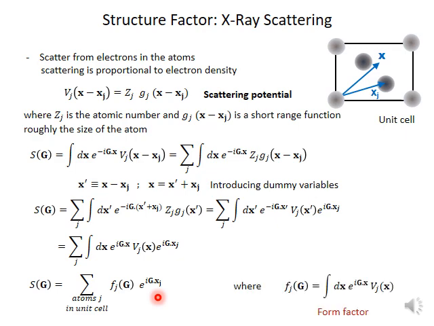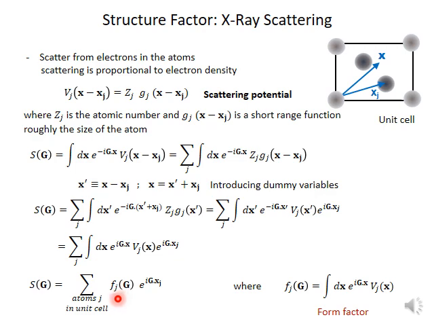Here Fj represents the atomic form factor of the jth atom, and it represents the strength of scattering from the jth atom within the unit cell. So some atoms within the unit cell would have stronger scattering and some would have lower scattering. For one which has stronger scattering, Fj would be larger, and for the other, Fj would be smaller.